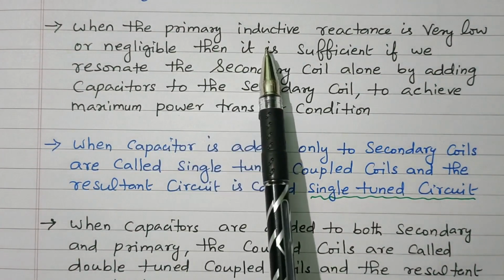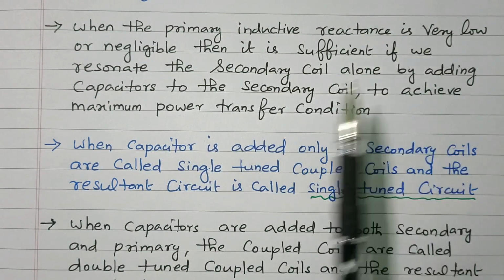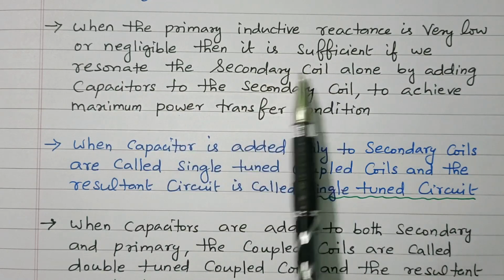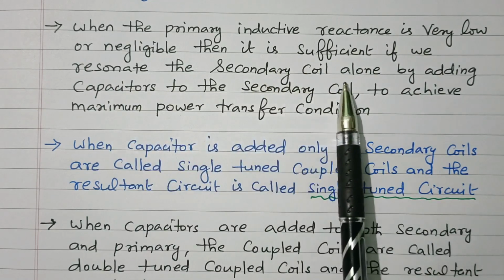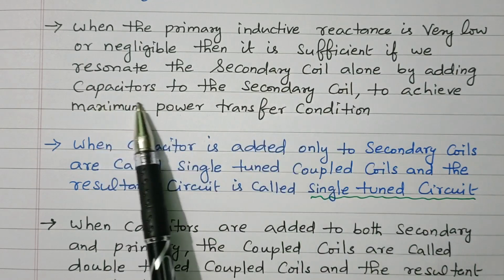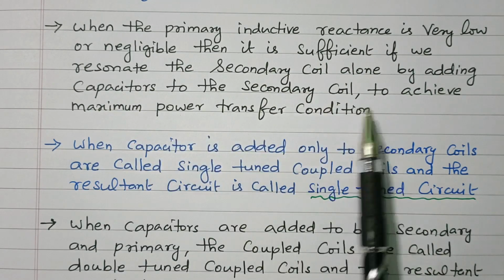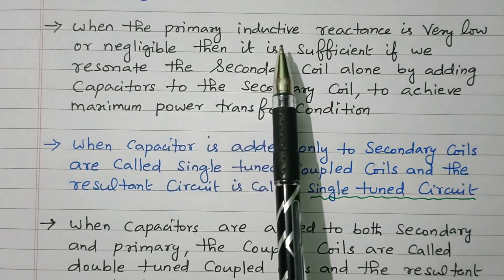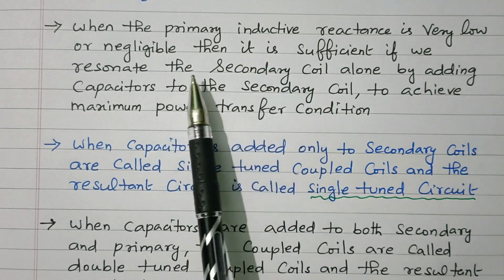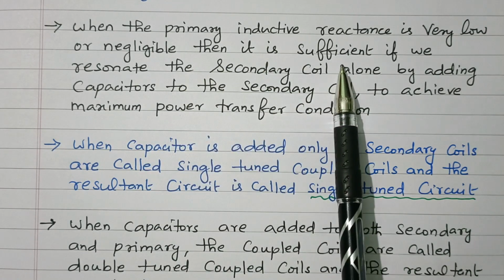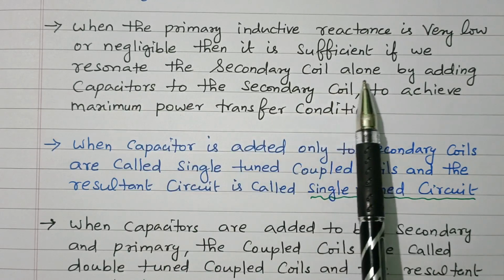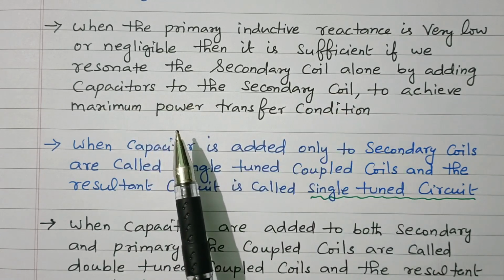When the primary inductive reactance is very low or negligible, then it is sufficient if we resonate the secondary coil alone by adding the capacitor to the secondary coil to achieve the maximum power transfer condition.